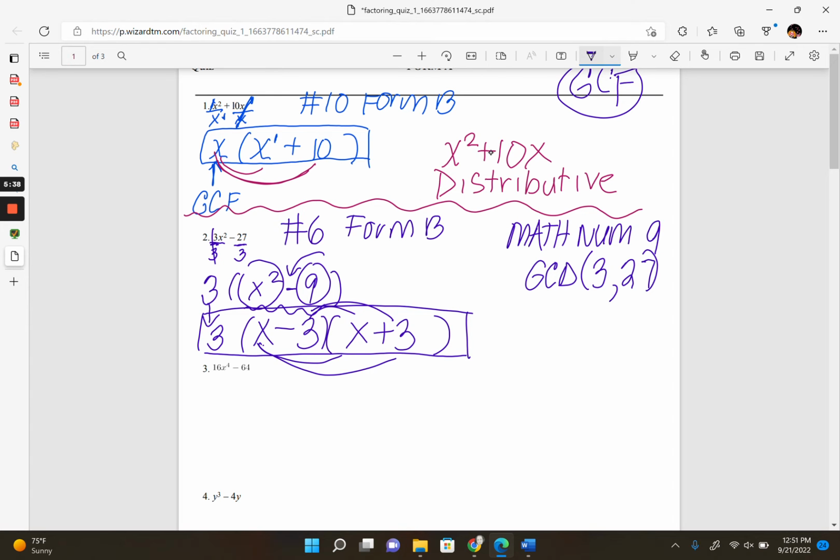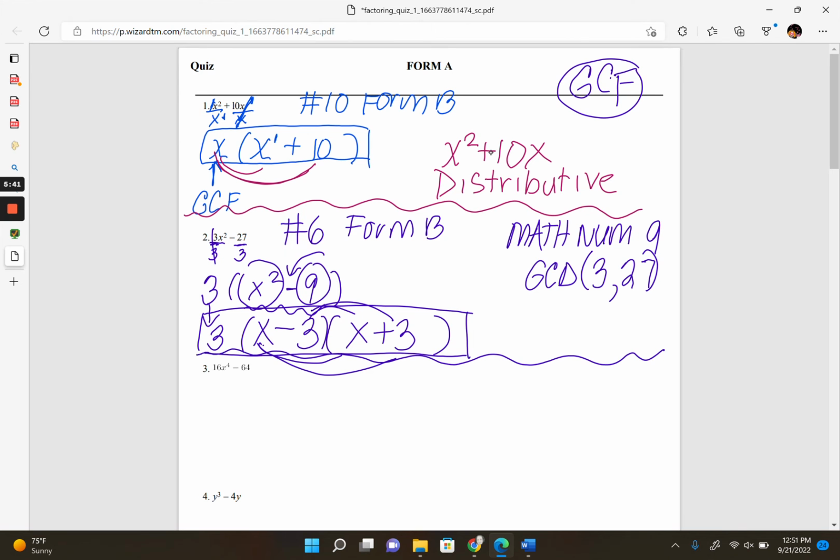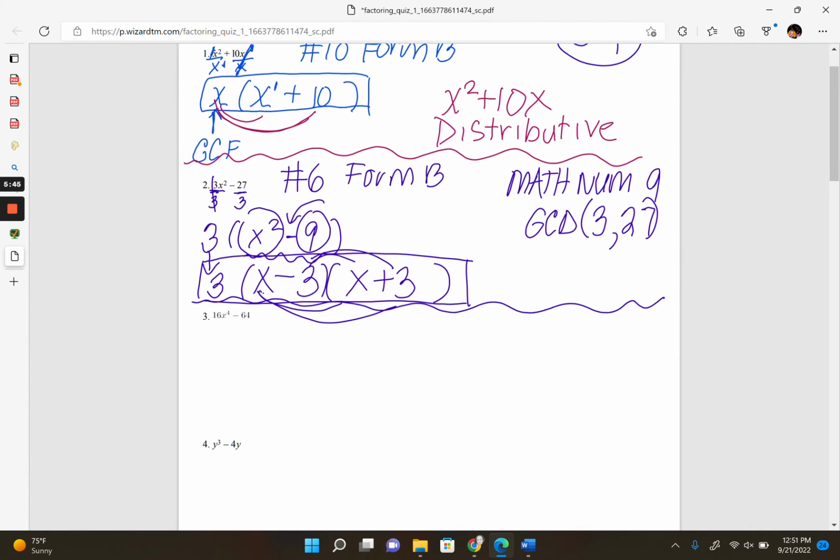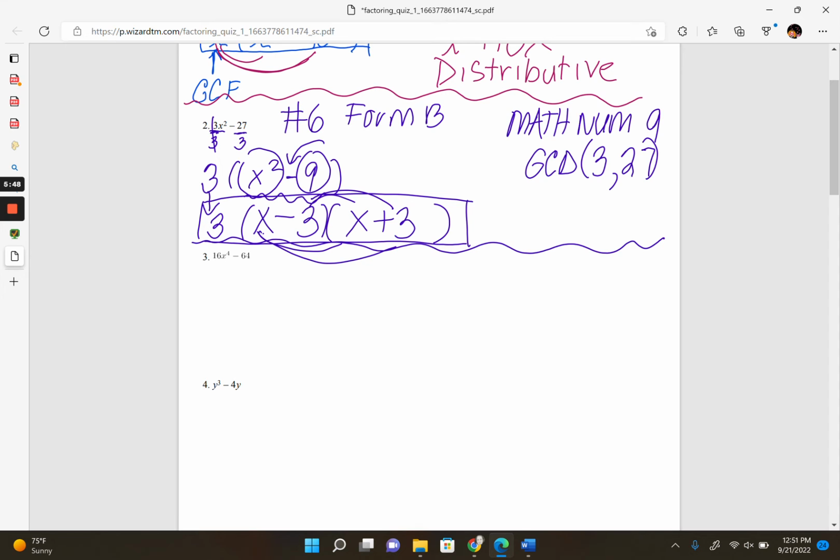Now let's look at number 3. Again, what's the first step in factoring? The first step in factoring is the greatest common factor. By the way, number 3 corresponds to number 8 on Form B. The first thing you want to do is find the GCF of 16 and 64.